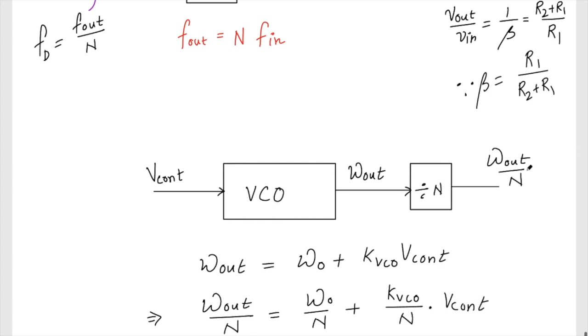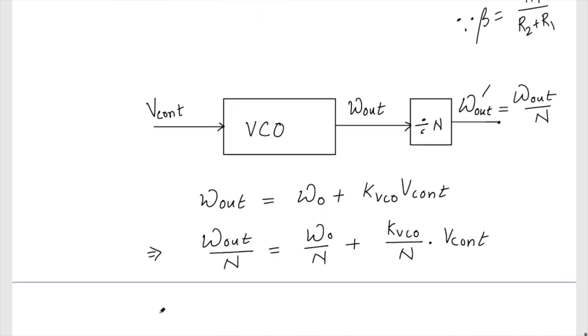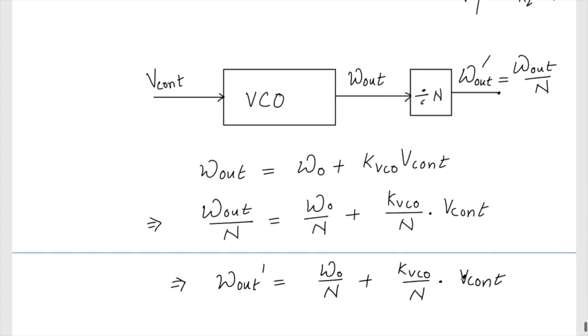So my new omega out, the frequency coming out of the divider, let's call it omega out prime, is omega naught by N plus k VCO by N into V cont. Okay, so this is a very important expression.